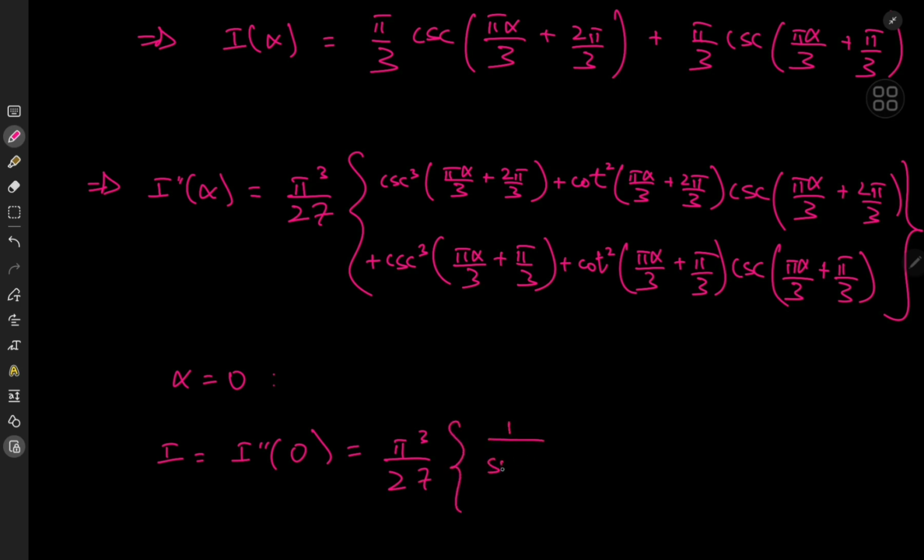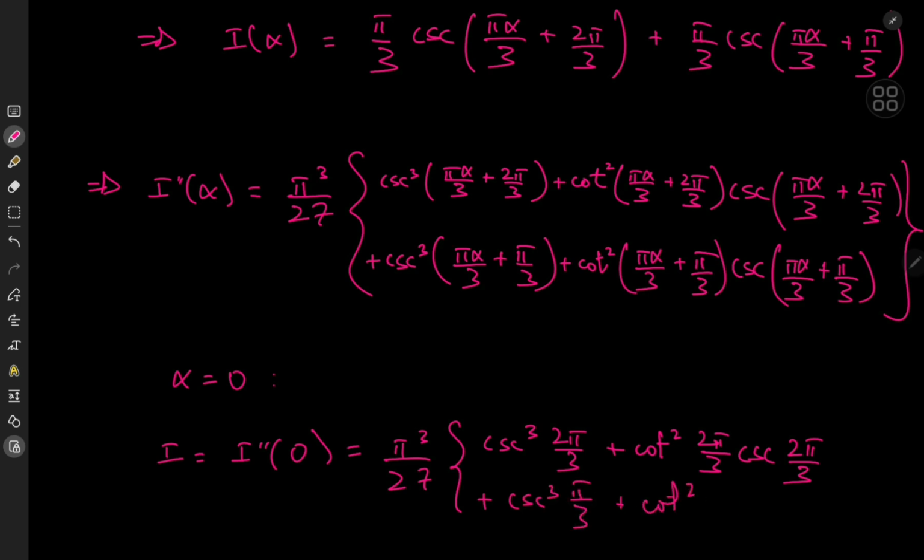We have 1 by sine cubed 2 pi by 3 plus cotangent squared 2 pi by 3 times cosecant 2 pi by 3, plus we have cosecant cubed pi by 3, and the same thing as in the above line for pi by 3.